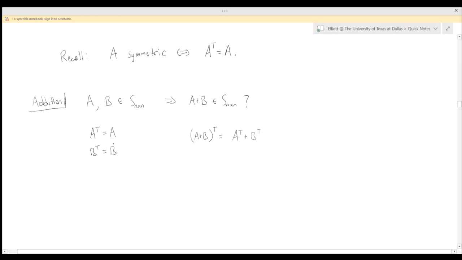And since A and B are symmetric, this is equal to A plus B. So when you transpose A plus B, it does return A plus B. That proves that the sum is in fact symmetric. Therefore, the sum of two symmetric matrices is symmetric, which means it is closed under addition.